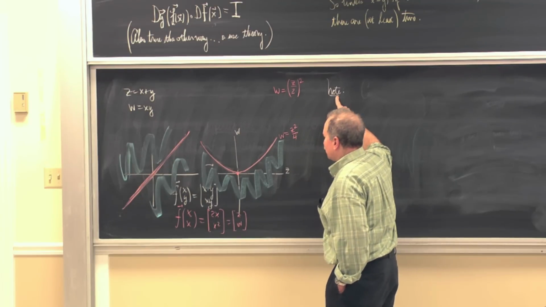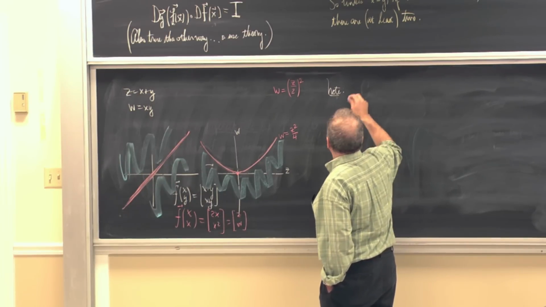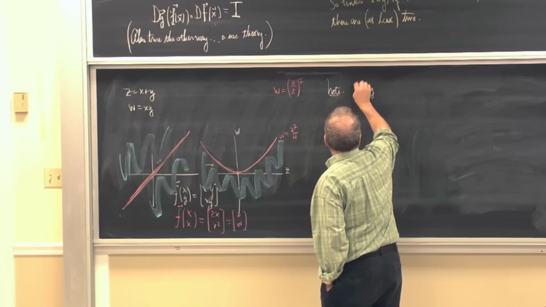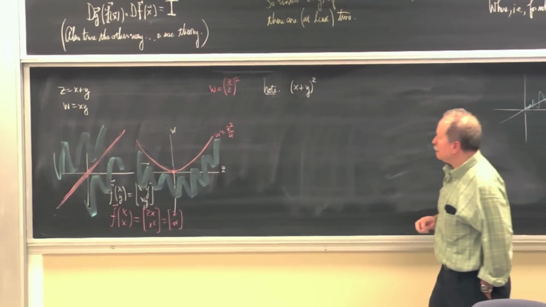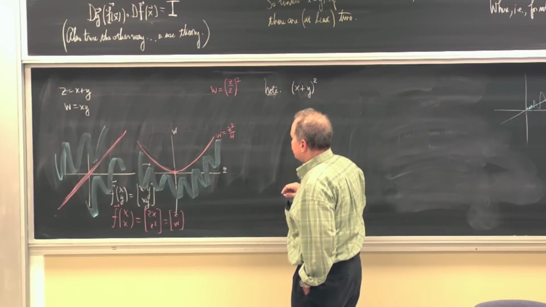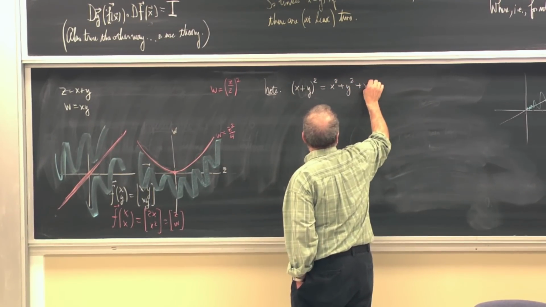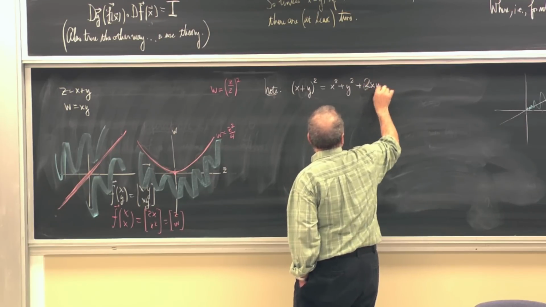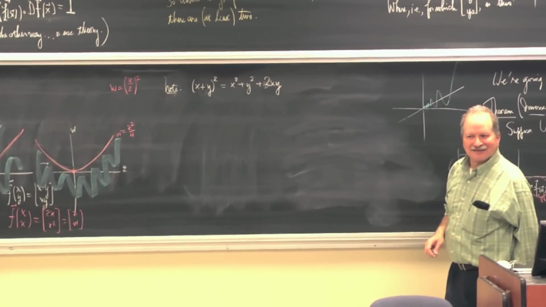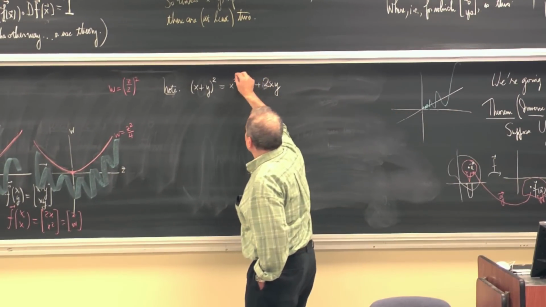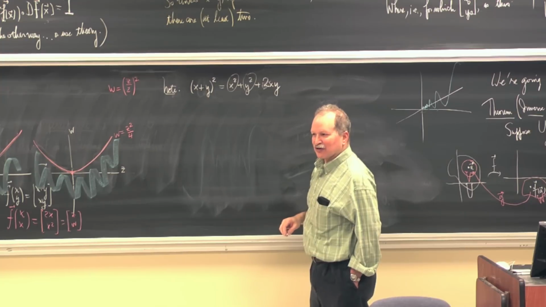So here's what you guys should remember: if I take this thing and I square it, what do you know about the squares of real numbers? They are positive or 0, right?